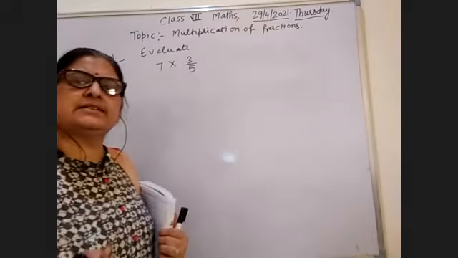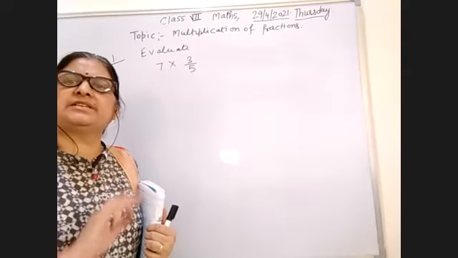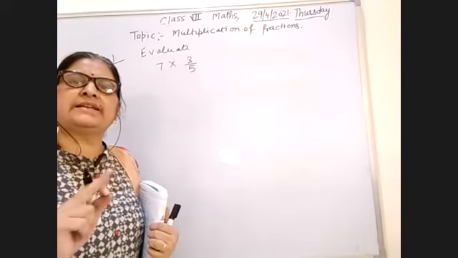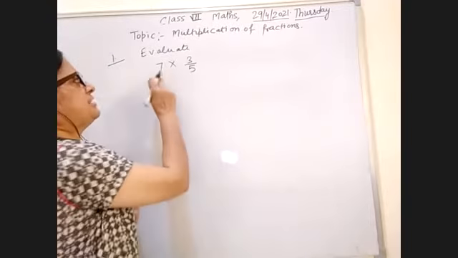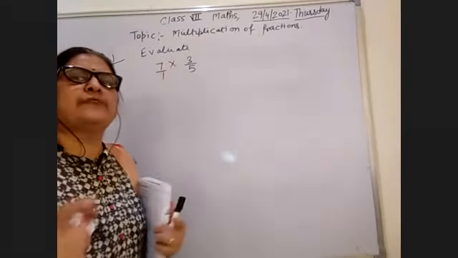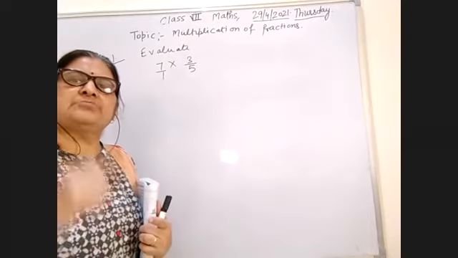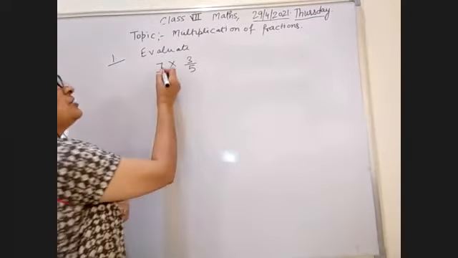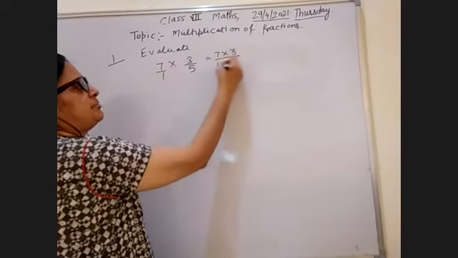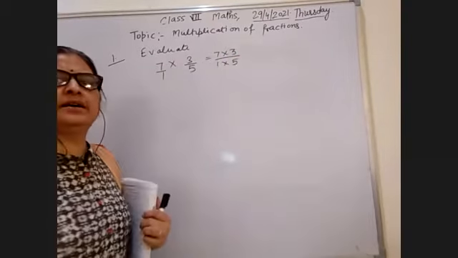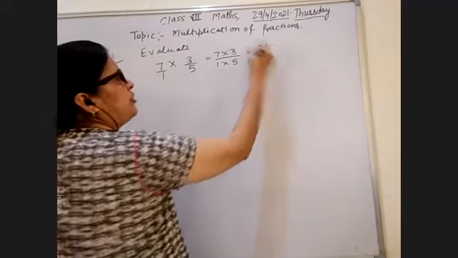In the addition and subtraction, you have to take the LCM. But in multiplication and division, you will not take the LCM. Some students are doing wrong questions. But in these questions, when you have to multiply the fraction by the fraction or fraction by the natural number, numerators are multiplied by the numerator and denominators are multiplied by the denominator. So you will get now 21 upon 5.